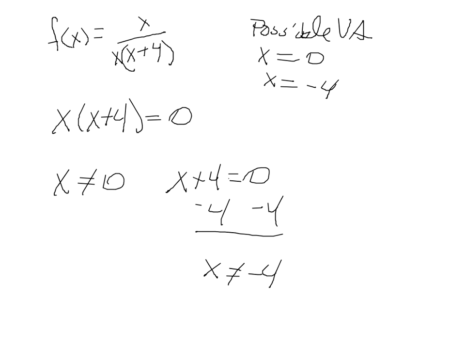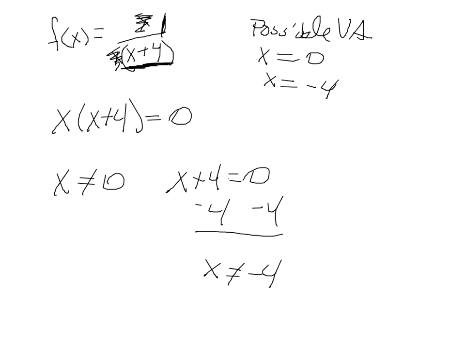Okay, so my next step is to simplify the rational function. We can see that there's a common factor of x between the numerator and denominator. So if I cancel the x in top and bottom, I don't get 0, I get 1 over x plus 4. Now, according to this rational function, x can't be negative 4.